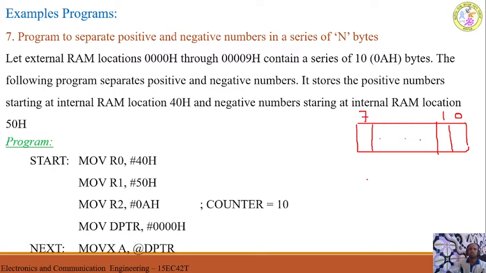To check whether the number is negative or positive, we always check the MSB, the most significant bit, and this is the LSB. If this bit is equal to 0, then the number is positive. If this bit is equal to 1, then the number is negative.